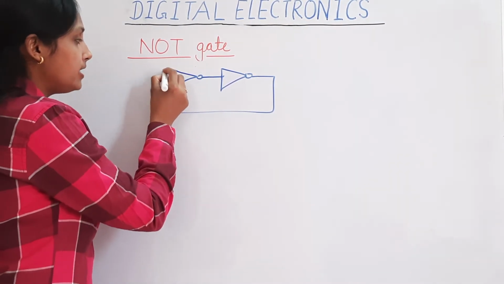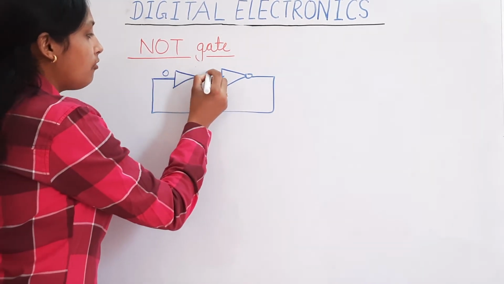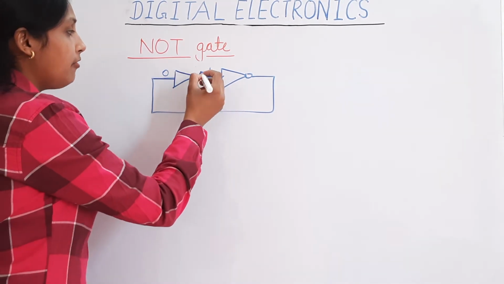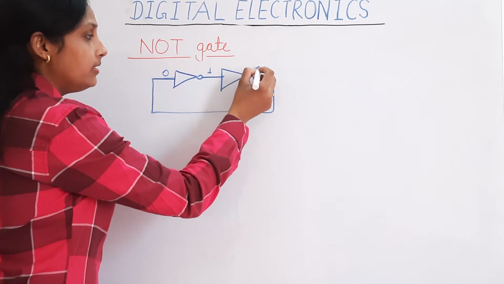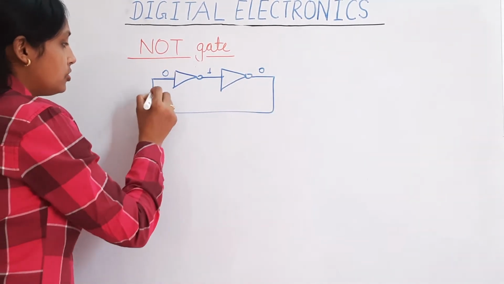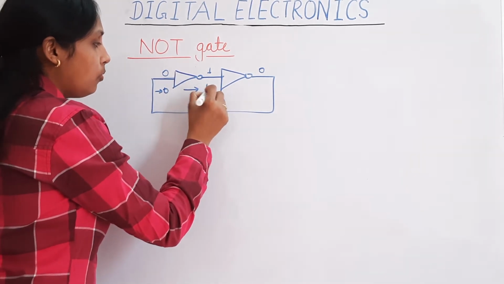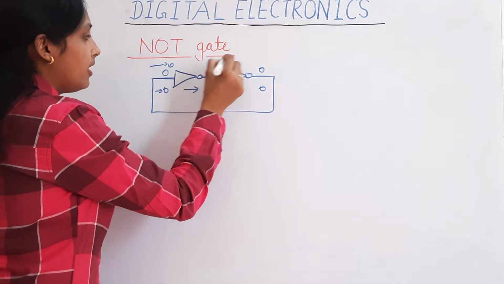If we apply 0 at the input of the first NOT gate, then the output of the first NOT gate will be 1. Then if we apply 1 at the input of the second NOT gate, the output will be 0. Again we can apply this 0 here, and 0 gives the output 1, and 1 gives the output 0. Again we can apply 0, then 1, 0.